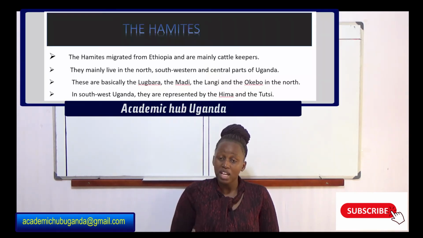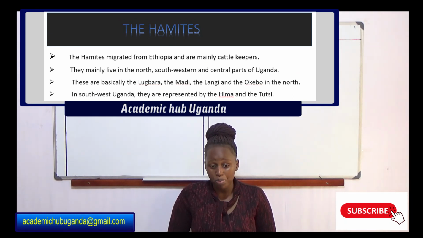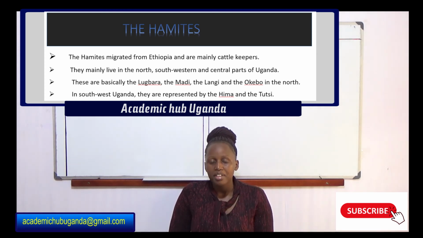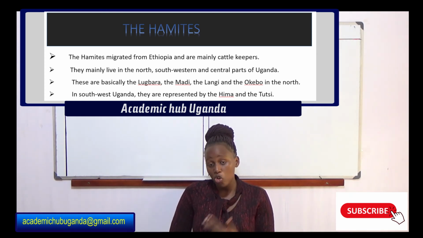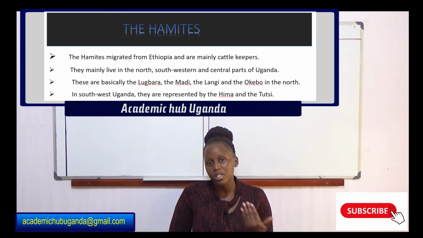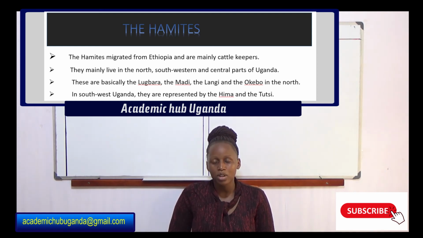We're having also the Hamites. Who are the Hamites? Hamites are a group of people who migrated from Ethiopia, and they are mainly cattle keepers, or you can say they are pastoralists. So today they live in the north, and in the southwestern and central parts of Uganda. Example of these Hamites, we have the Lugbara.